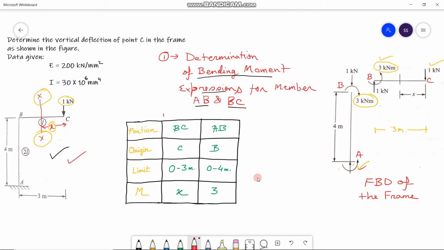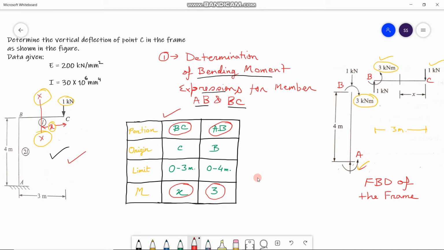In this calculation table, we have summarized the bending moment expressions that we have calculated so far. As you can see, for portion BC, the bending moment expression is x, and for the member AB, the bending moment expression is 3 kilonewton meter.